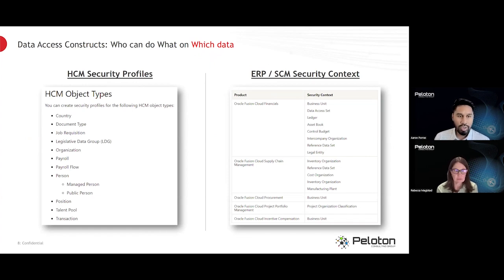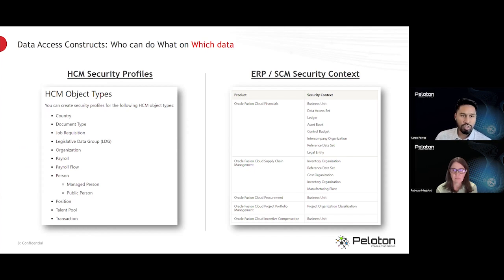HCM in particular has a different model for data security, which leverages security profiles. Within all these objects here, we're able to specify what people can I see, maybe these people in a specific department, or which payroll's data can I see. So maybe it's only the US biweekly payroll that I should be able to have access to.